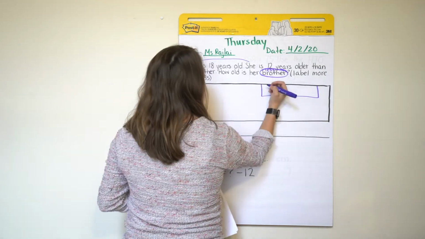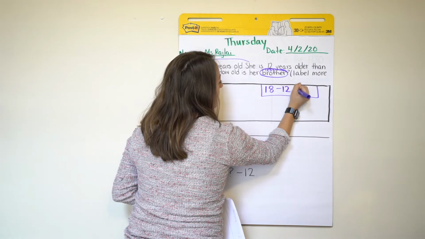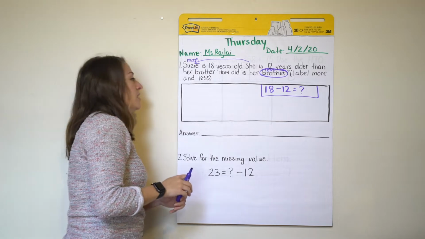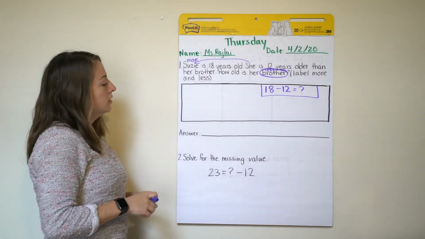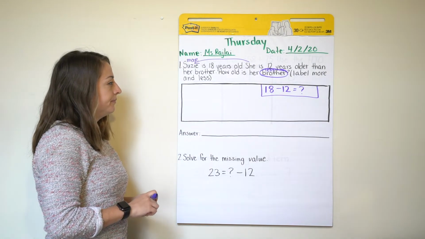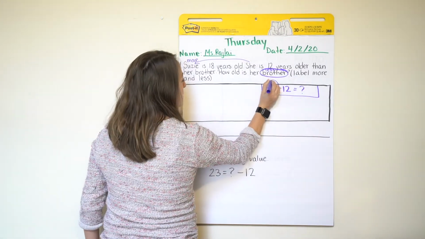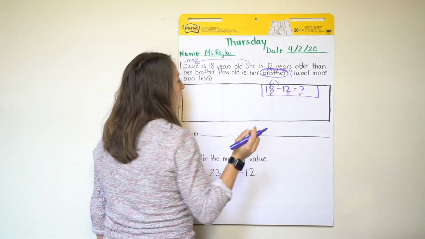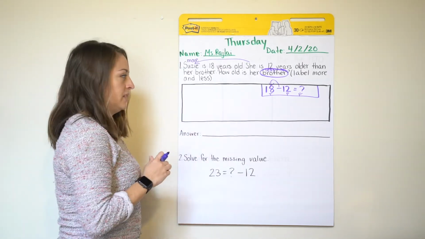Okay, so hopefully you put 18 minus 12 equals question mark. You can take a moment to label your total and your parts. Your total goes before the minus sign, and these are your parts. And now you can do a strategy to figure out what your missing part is.